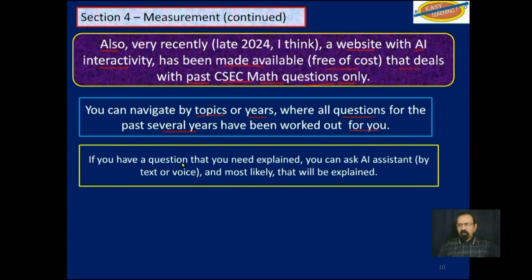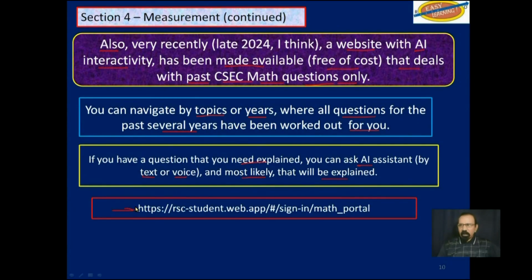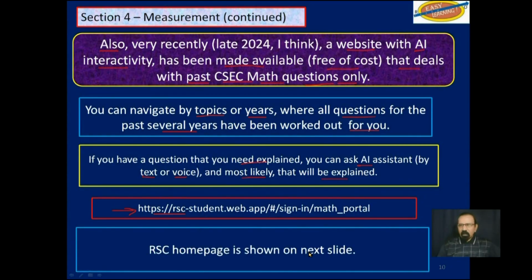If you have a question that you still need explained, you can ask the AI assistant by either text or voice, and most likely that will be explained. This is the URL that you see here. And on the next slide, I will show you the home page of that website.